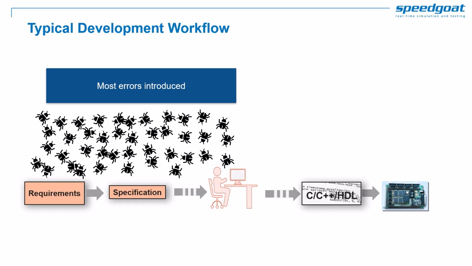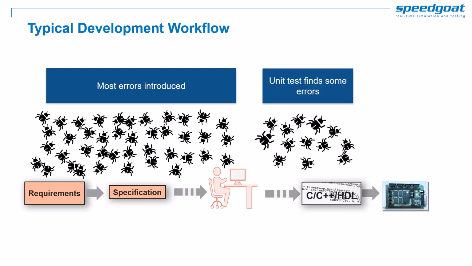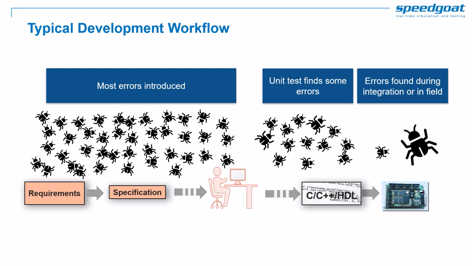Bugs are mainly introduced when defining the requirements and specifications, which is a difficult process to automate. The elimination of these bugs depends heavily on unit testing. Some bugs may only be found during integration or operation in the field.